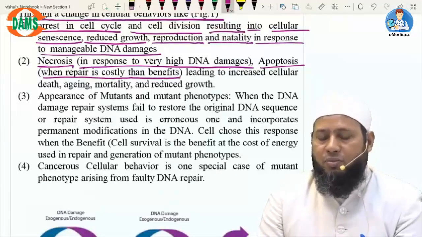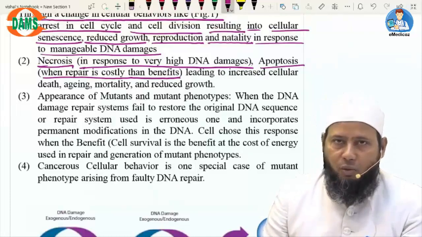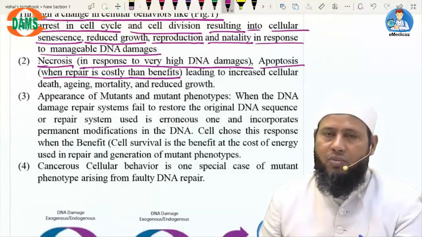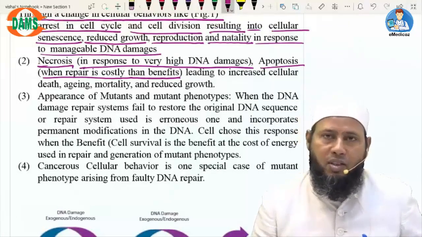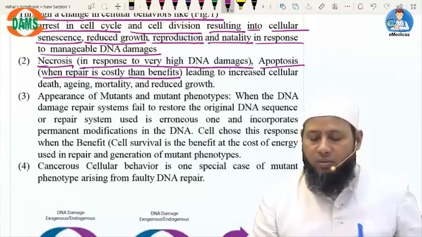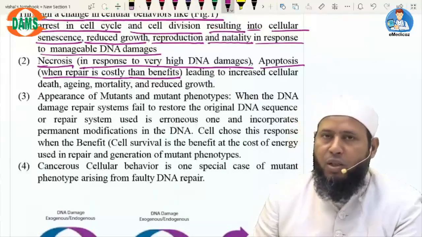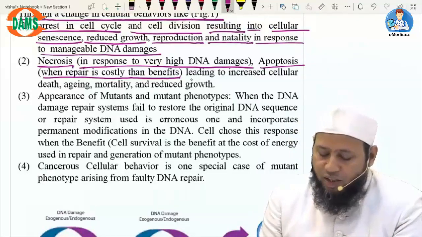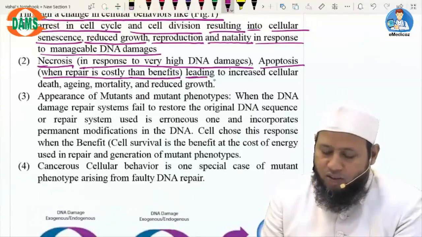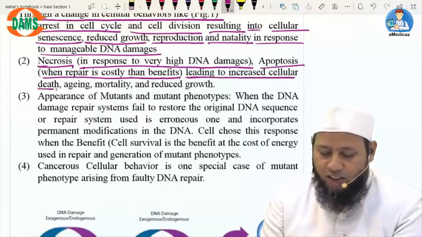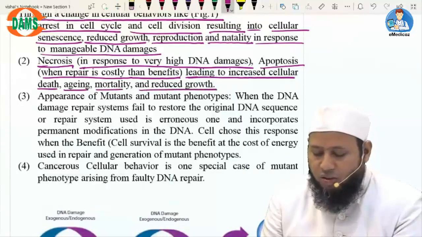So what happens is that the repair requires certain cost, energy and time, and if the cell realizes that there is not much benefit after the repair, the cell decides to kill itself in a programmed way. That is called apoptosis. That's why we also call it programmed cell death. Necrosis and apoptosis both lead to increased cellular death, aging, mortality and reduced growth.